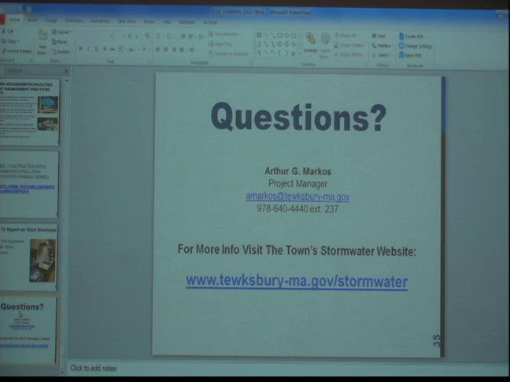The first one is, which of the following is also known as stormwater? Anybody want to give the answer? All right, E, yep, that's correct. All of the above. Which federal agency mandates the cities and towns to manage stormwater and stormwater pollution?